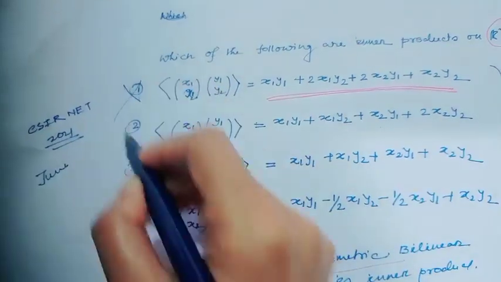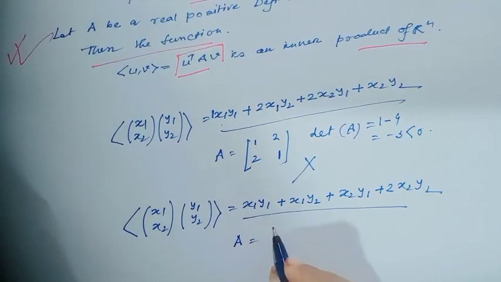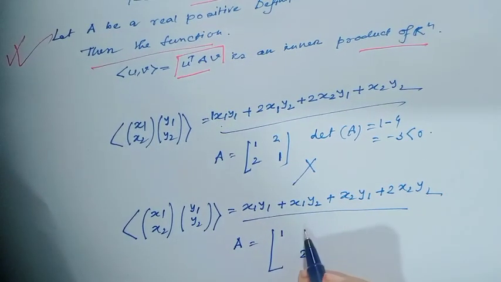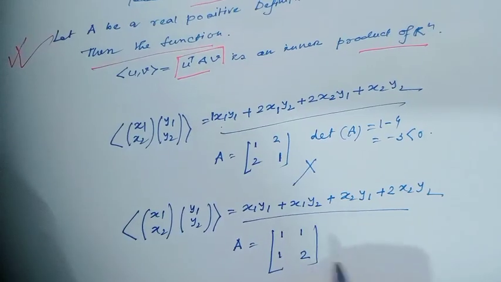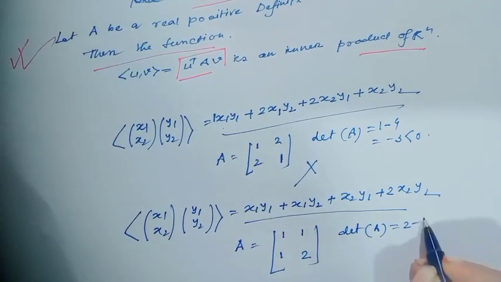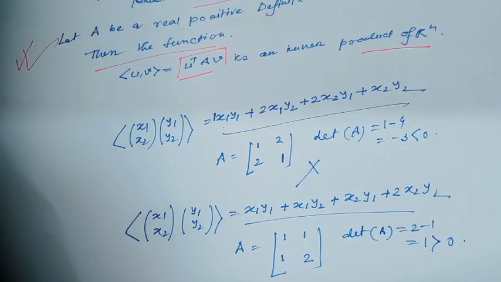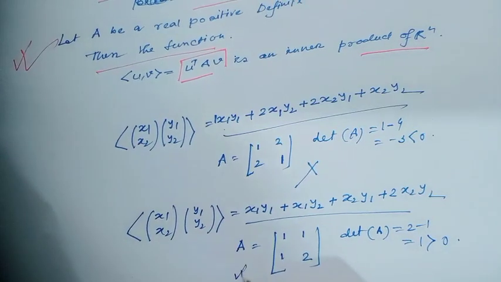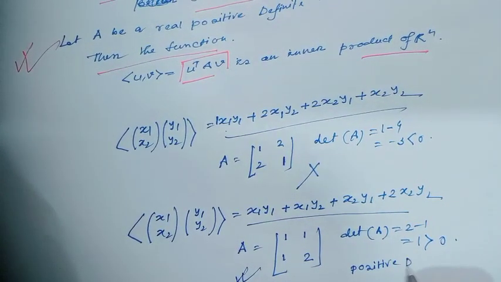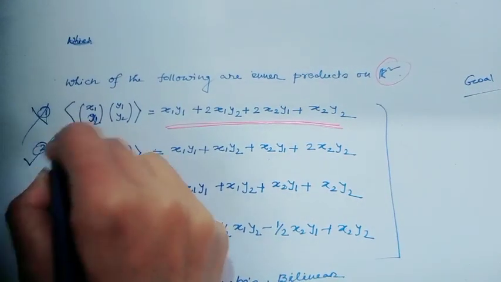Now check option 2. From this expression we can generate a matrix A with entries 1, 1, 1, 2. The determinant of this matrix would be 2 minus 1, which is 1, strictly greater than 0. So this matrix is positive definite, and since it is positive definite, obviously the quadratic form is an inner product.